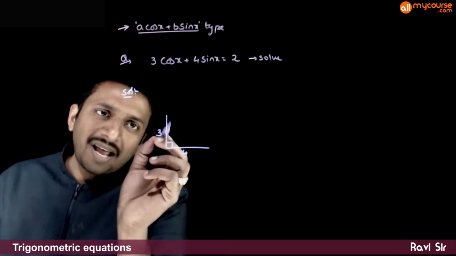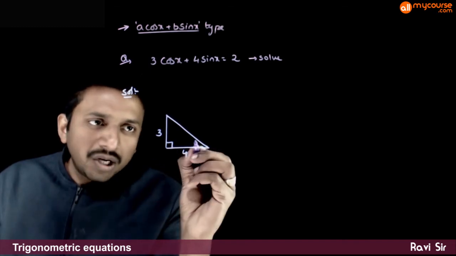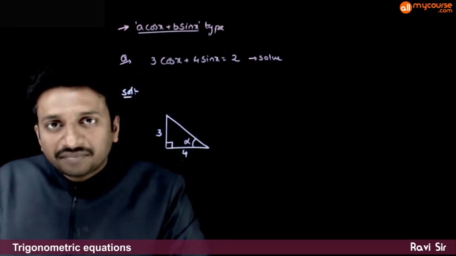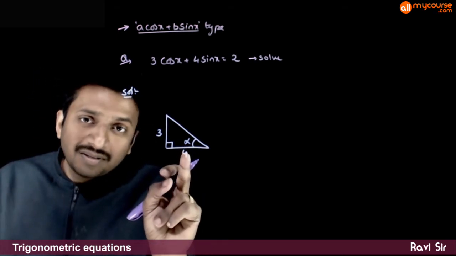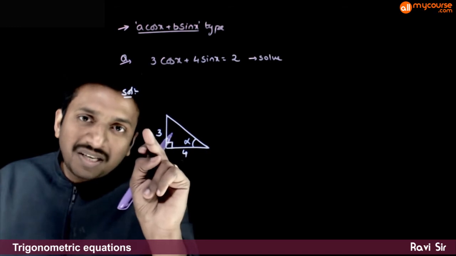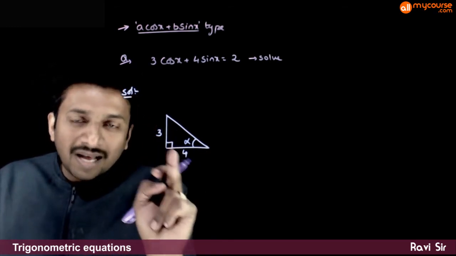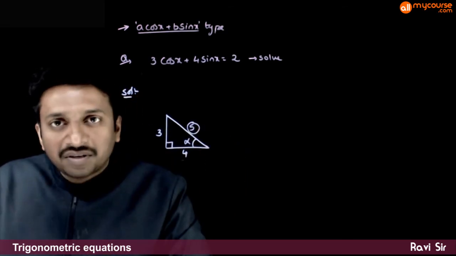Once you draw this triangle, you can complete the hypotenuse. Let us call this angle alpha. This alpha is a fixed angle because this is an angle whose tan is 3/4. If 3 and 4 are the sides, obviously the hypotenuse will be 5 units.